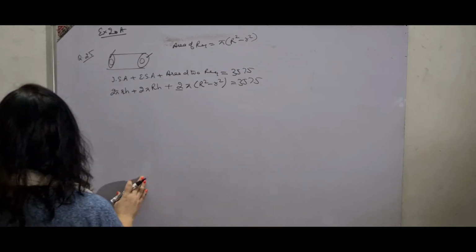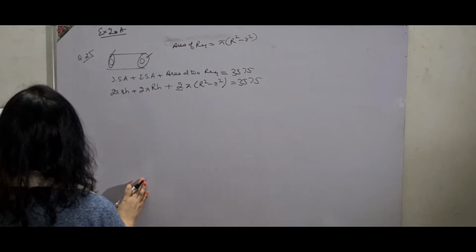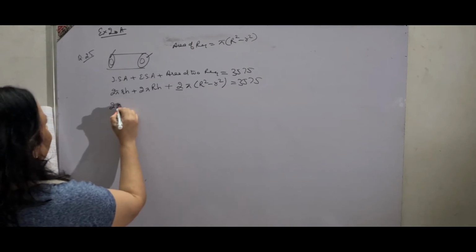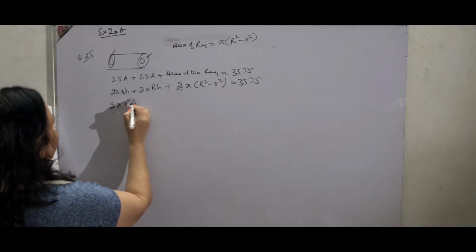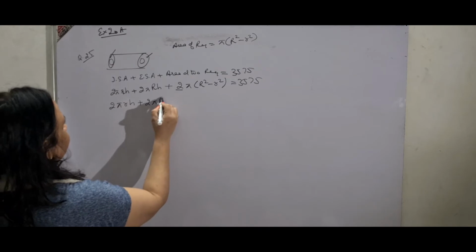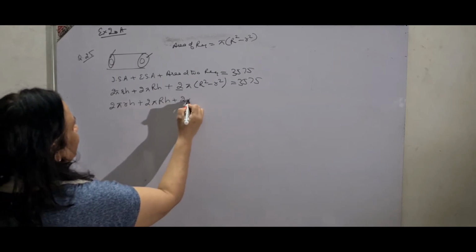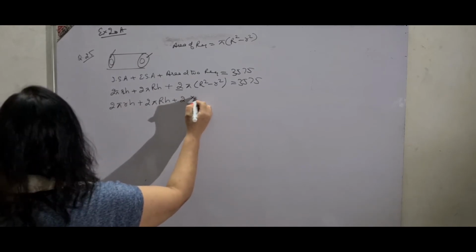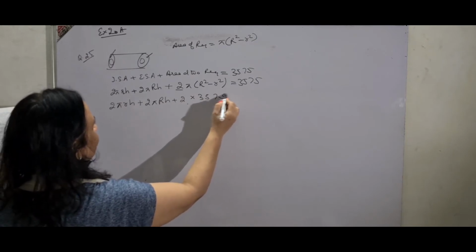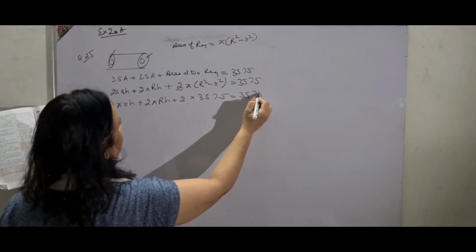And children, you see they have given you the area of base ring 357.5. So if one ring is 357.5, understood that the second ring will also be 357.5, and the rest are the calculations.